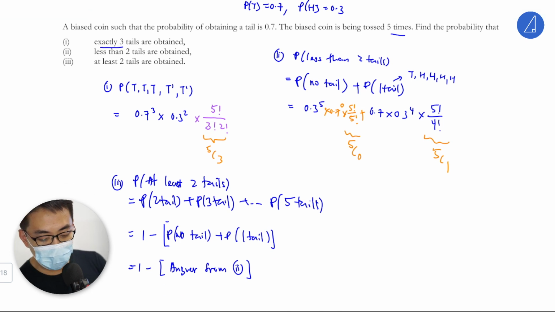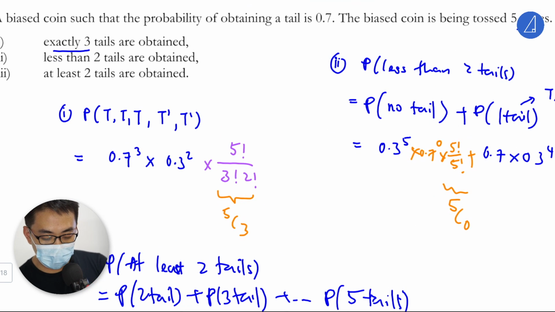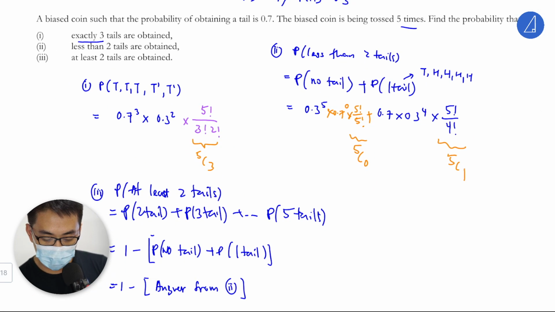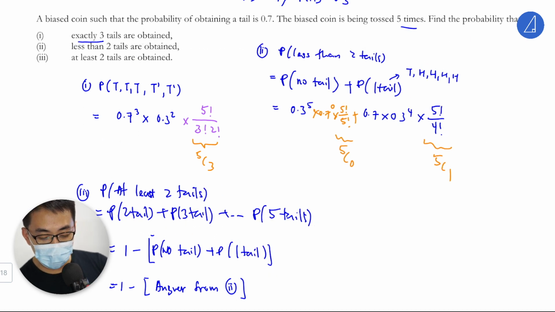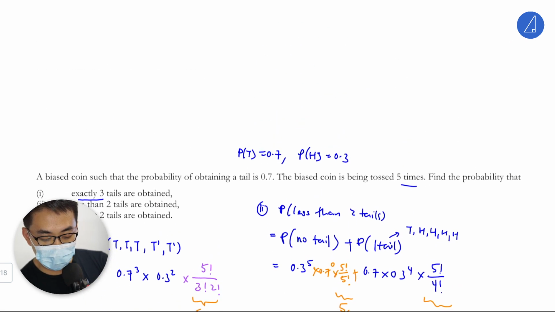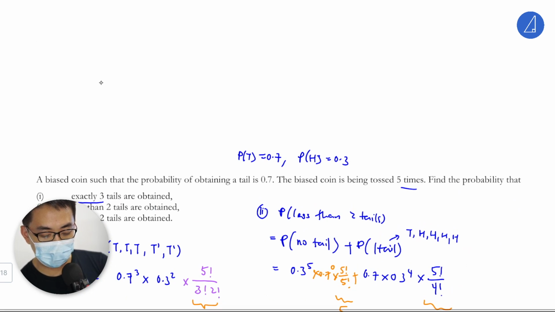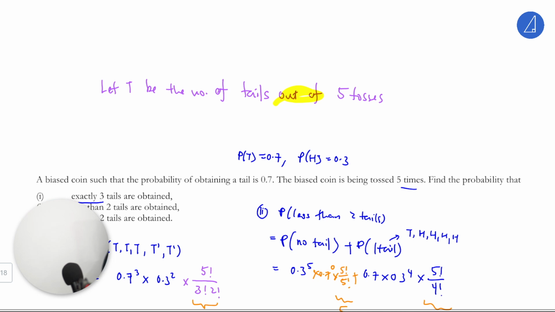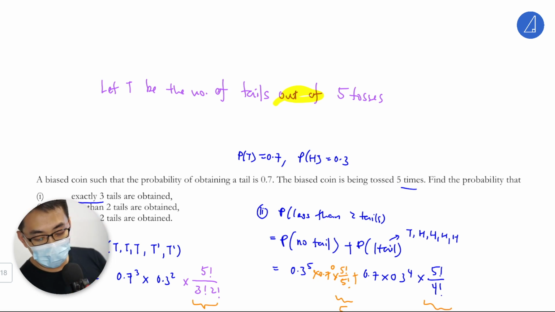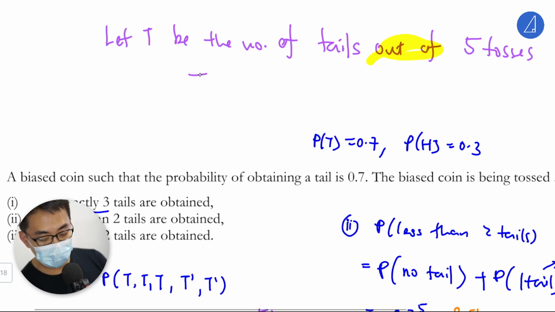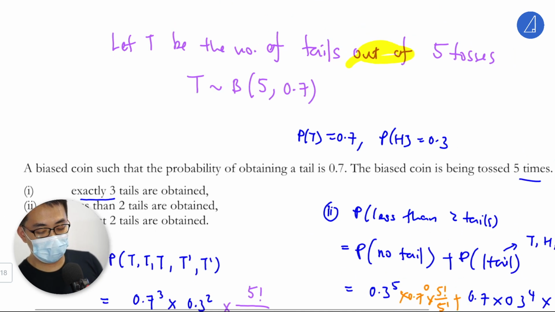Essentially, if we want to do this, you should compare and contrast. For binomial distribution, you want this and not that. So we can define: let T be the number of tails out of 5 tosses. So this is a binomial. The way we write the binomial distribution is T tilde Binomial(5, 0.7), where every one success, a tail, is 0.7.